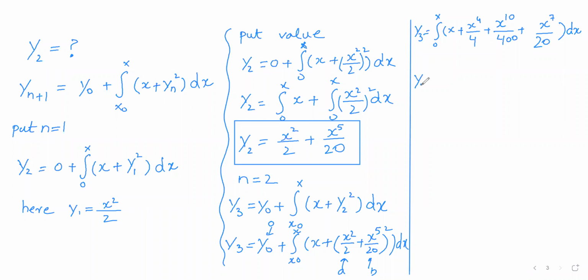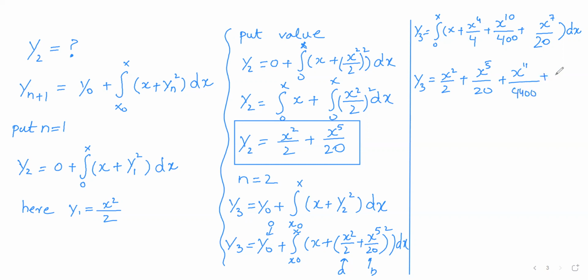Okay, so write y3 is equal to, we can write x squared by 2 plus, can anyone tell me this one? What will be the value of this one? It will be equal to x5 by 20. This one will be x11 by, what will be this value? x11 by 44.